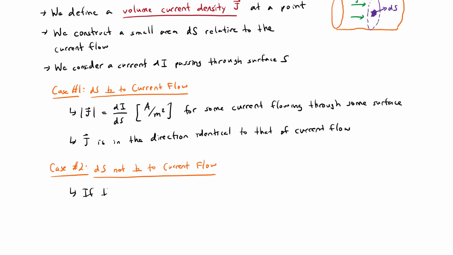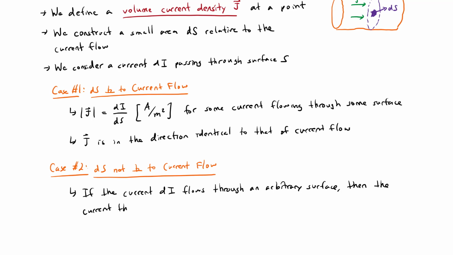So then if the current di flows through an arbitrary surface, then the current through ds is going to be given by di is equal to J dotted with ds, which gives us the current passing through ds exactly along it.